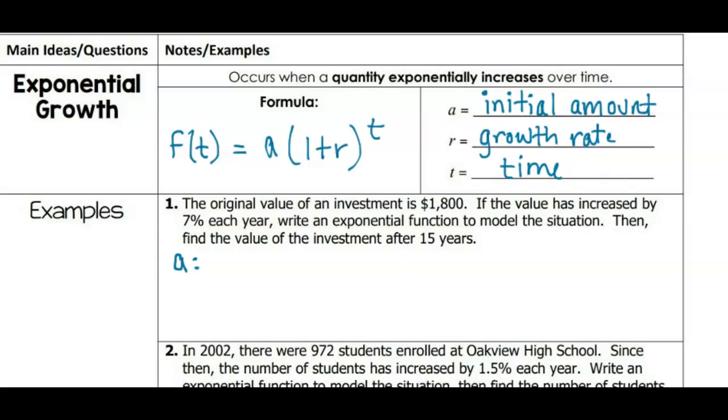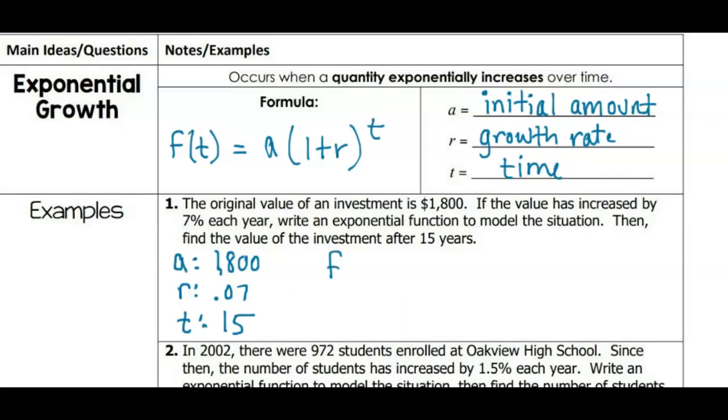Obviously, the initial amount is going to be 1,800. The growth rate is going to be 7%, so we're going to write that as 0.07. And then the time, eventually, we're going to look at 15 years.